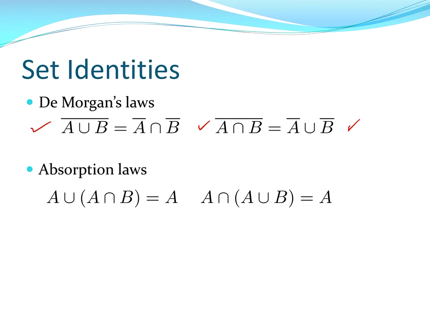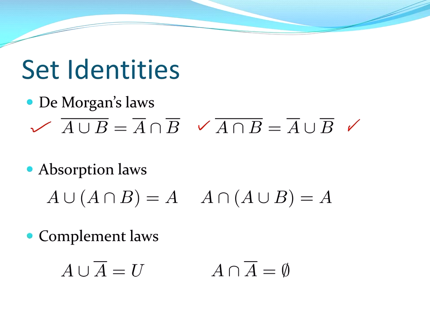Absorption laws. A union (A intersect B) gives A, and A intersect (A union B) gives A. And finally, complement laws. A union A complement gives us the universal set, and A intersect A complement gives us the empty set. In other words, a set is always disjoint with its complement.